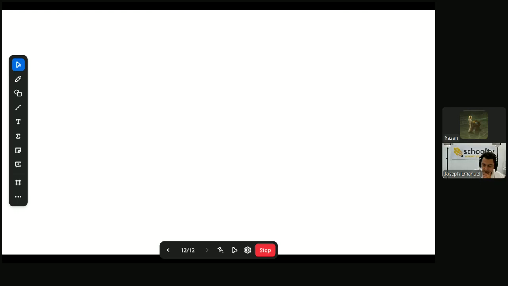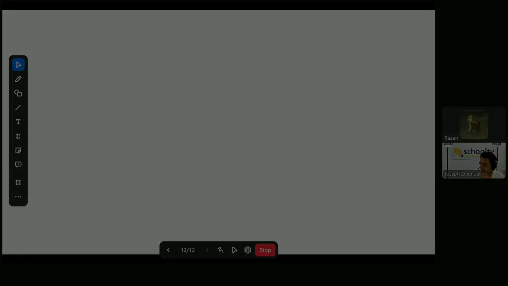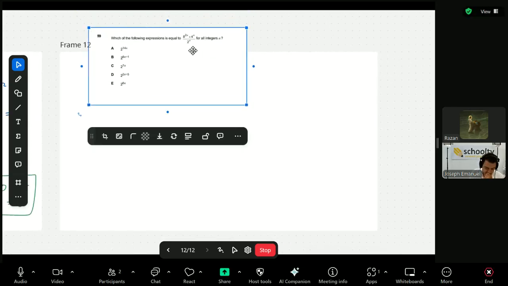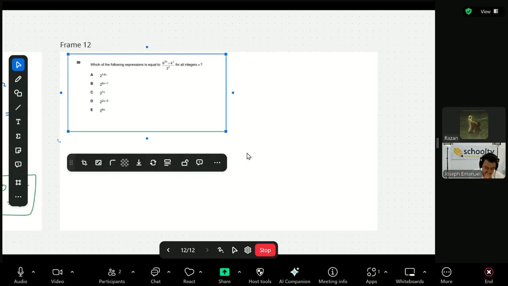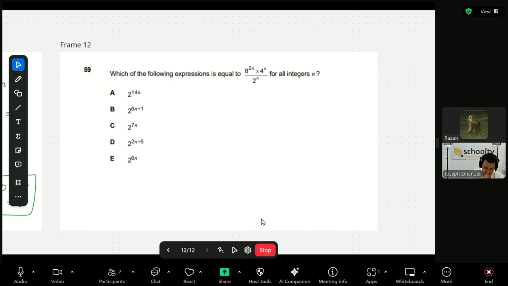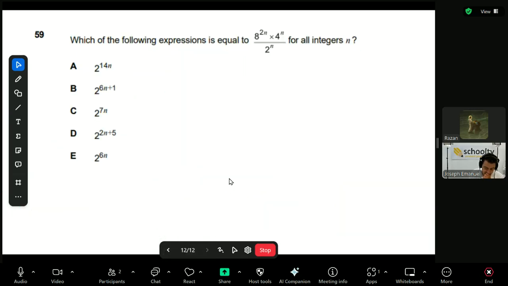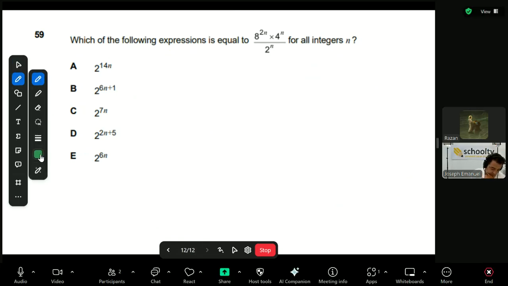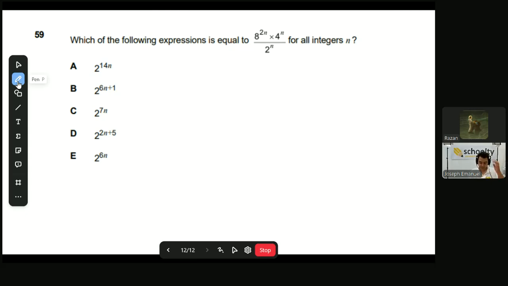Question number 59. Okay. Which of the following expressions is equal to 8 to the power of 2n multiplied by 4 to the power of n divided by 2 to the power of n for all integers n?